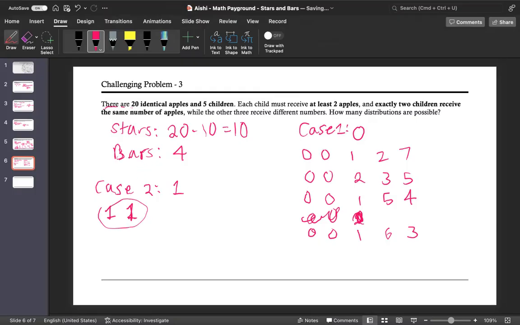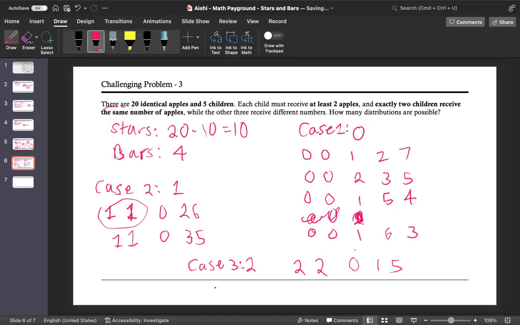So we have 1, 1, 0, 2, 6, and 1, 1, 0, 3, 5. Okay, now our case 3 would be where the repeated number is 2. So we have 2, 2, 0, 1, 5.